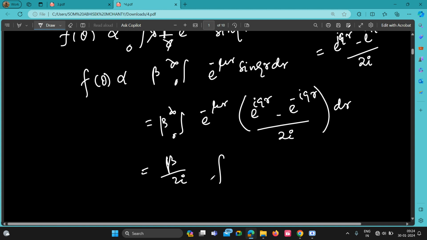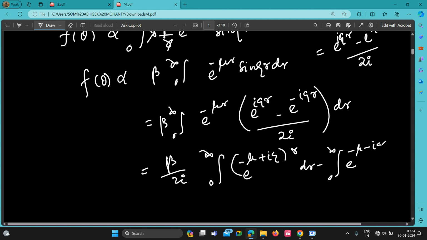So the integral from 0 to infinity of e^(−(μ−iq)r) dr minus the integral from 0 to infinity of e^(−(μ+iq)r) dr.